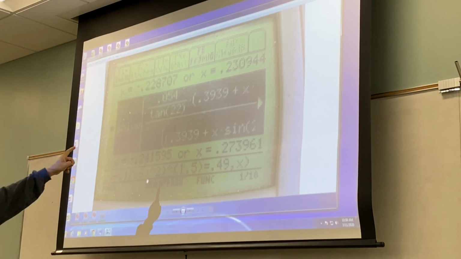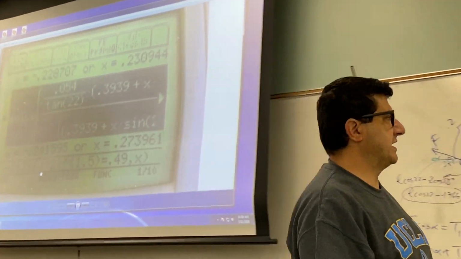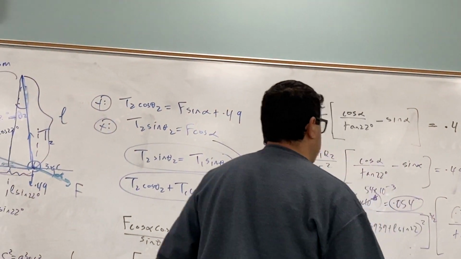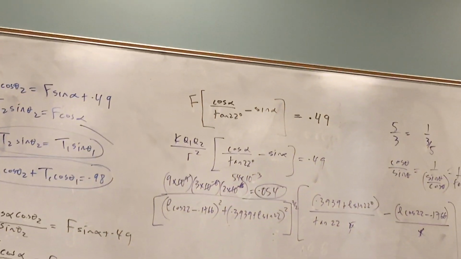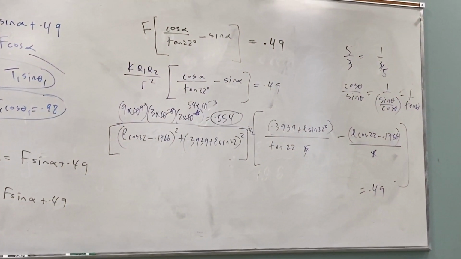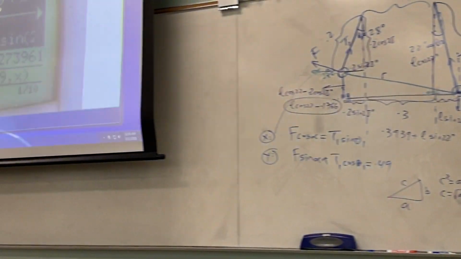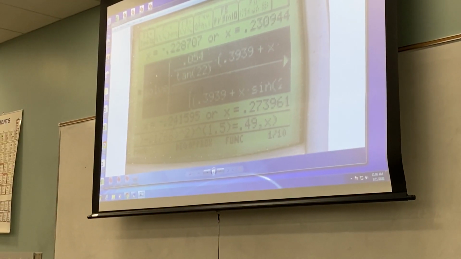Oh, okay, you know what, I distributed the 0.054 here, over tangent 22 times 0.3939 plus x. And then the next picture, let's see if I did this right.